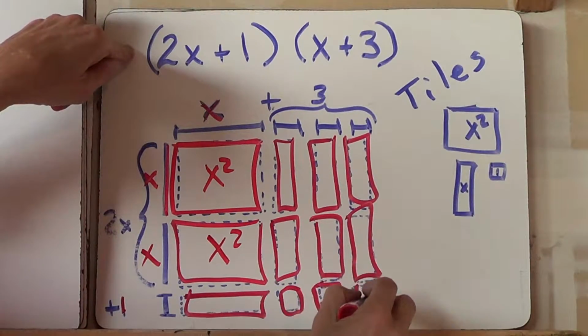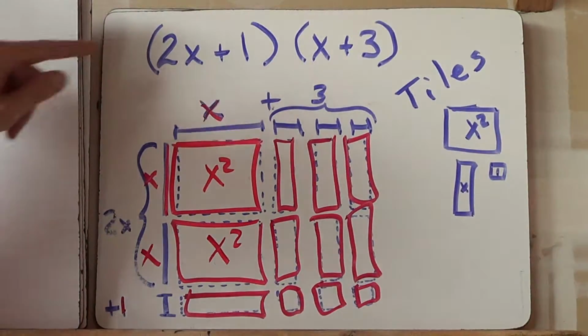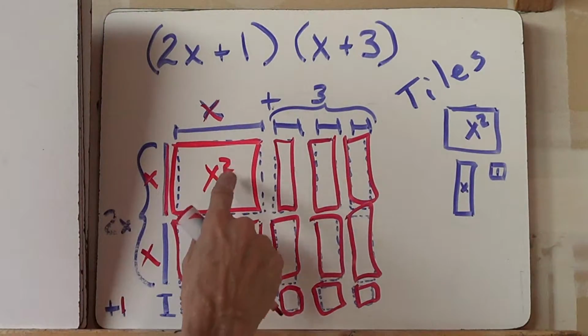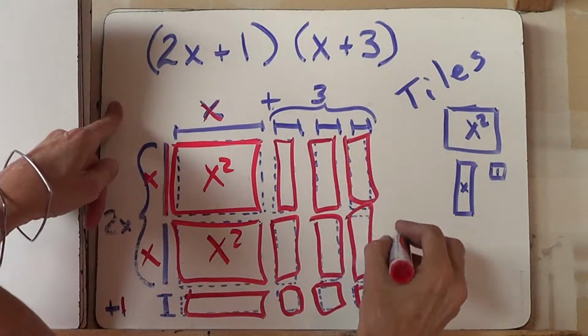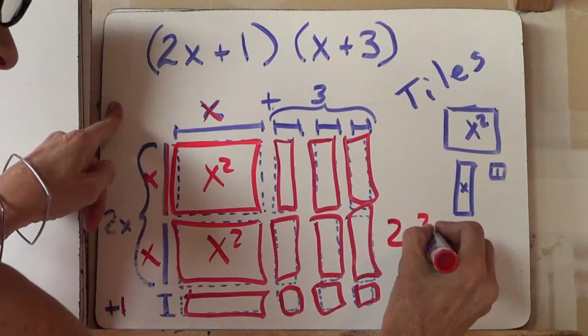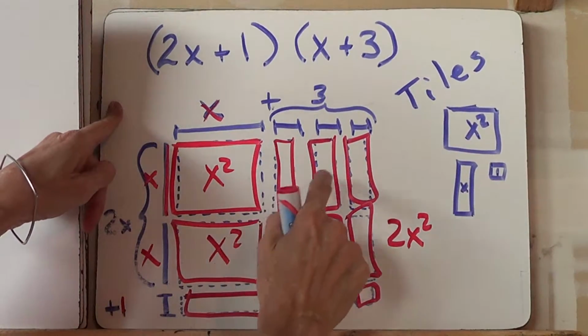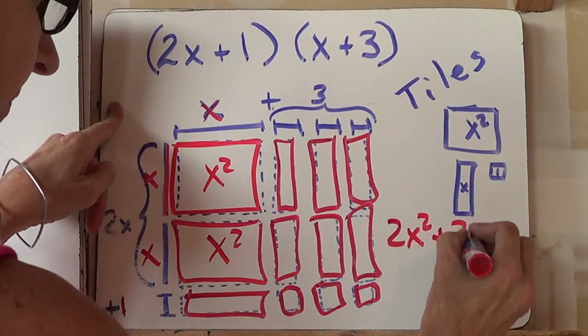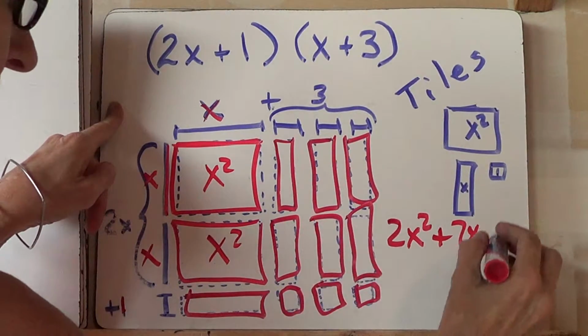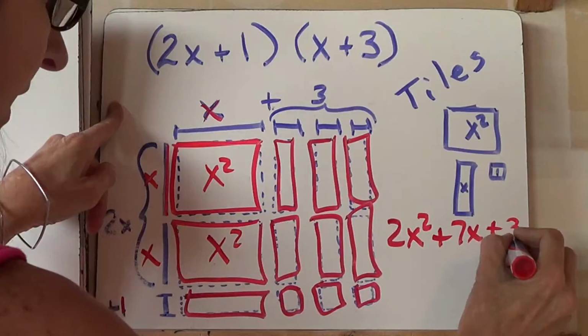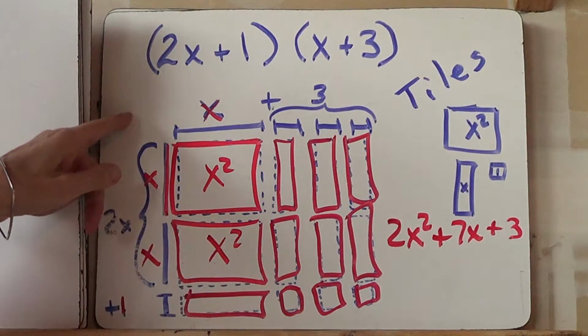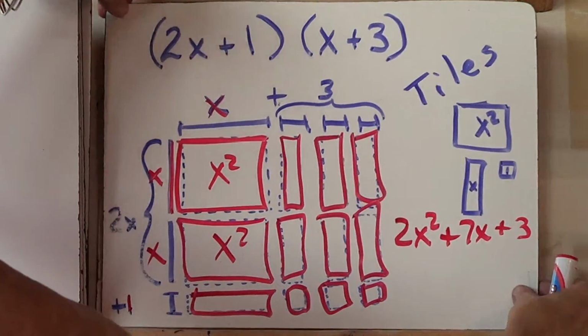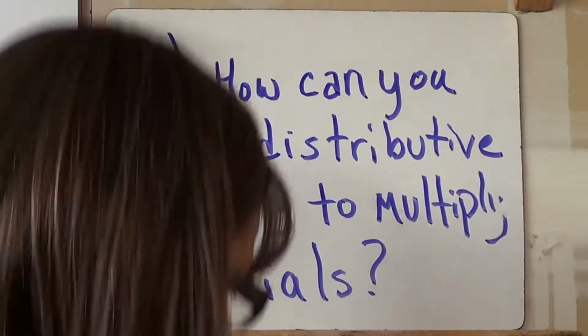If you've used the algebra tiles, you've seen this. You know what they mean, so there would be 2x squared. You would write it as 2x squared. 1, 2, 3, 4, 5, 6, 7 x's. And 3 that are just a regular size, no x involved. So that would be the answer there. You can use tiles for your multiplication.